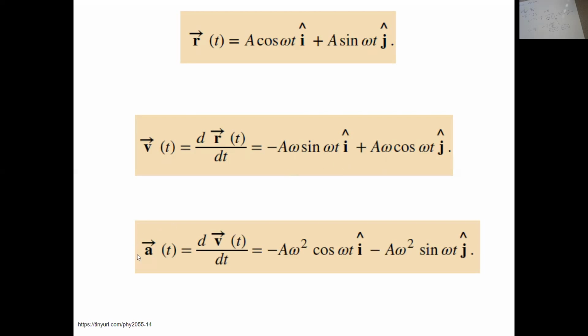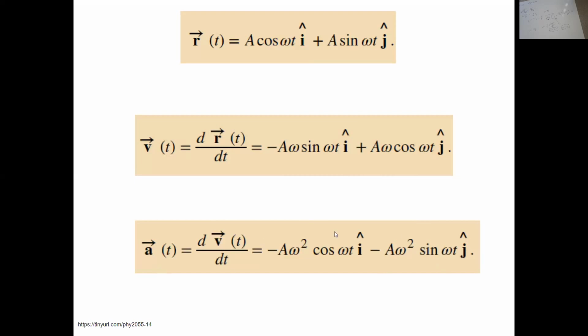Now, for the acceleration, you take the time derivative of your velocity. That means taking the time derivative of this x component and y component. So sine becomes cosine, and you will have one more omega coming out, so it will be minus A omega square. Then the time derivative of cosine becomes sine with a negative sign, so minus A omega square sine omega t.